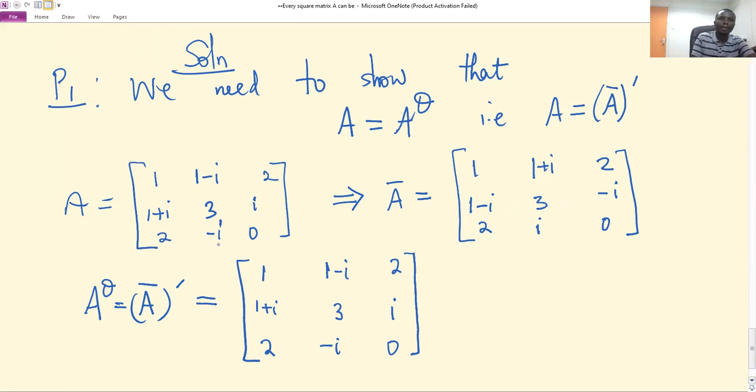And clearly, you see this is the same matrix as A given.